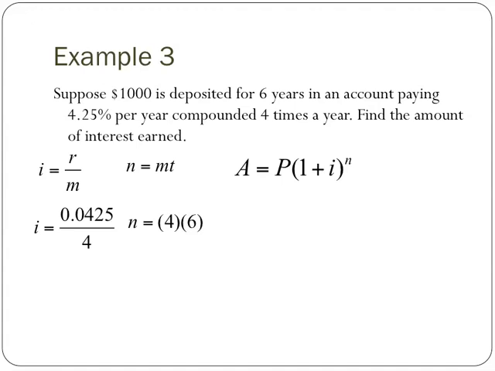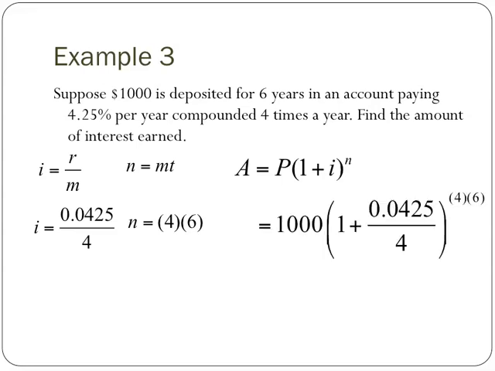Now I'm going to plug those into the formula. So A is equal to P, which is 1,000, times 1 plus 0.0425 over 4, and we raise that to the 4 times 6. Simplifying that, we get 1,288.73. However, in this problem, you're asked not what the maturity value is, but to find the amount of interest earned.